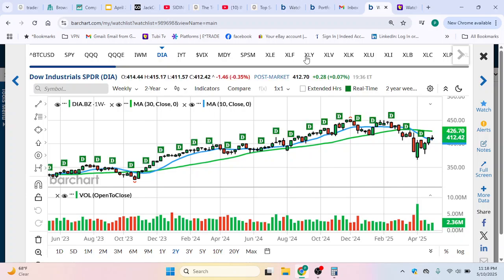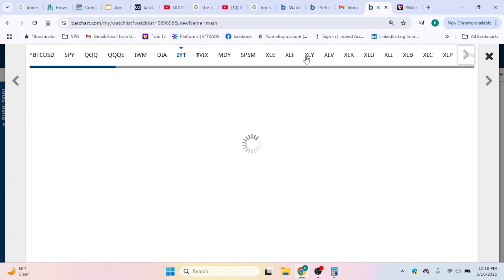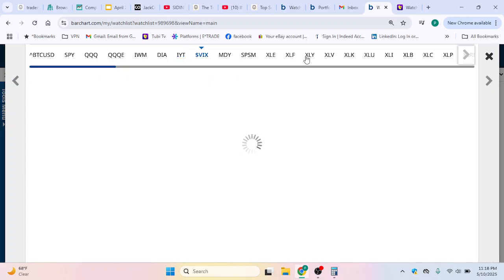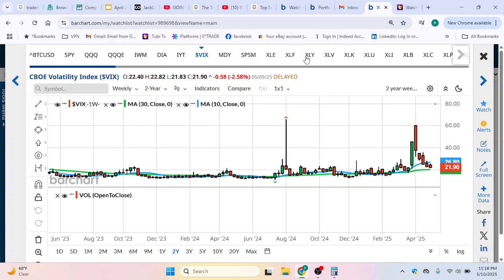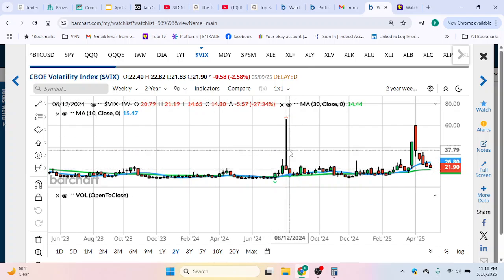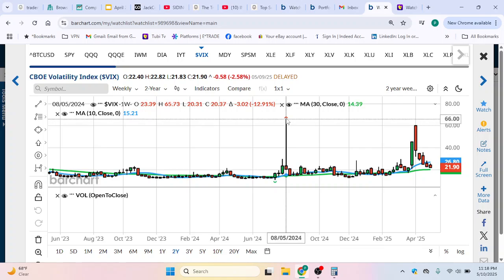Similar story with the industrial stocks, not as strong as the SPY or the Qs. And the transports also have had a rally in a downtrend. Now, as uncertainty came into the market, just like it did back here in 2024, there was that big spike in volatility, and then things calmed down.